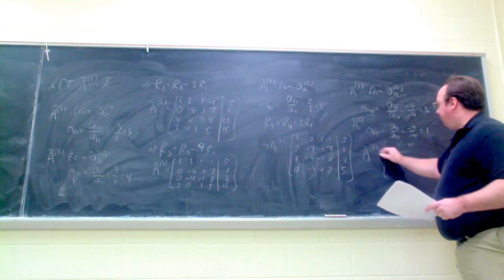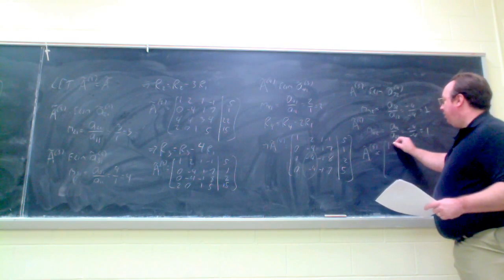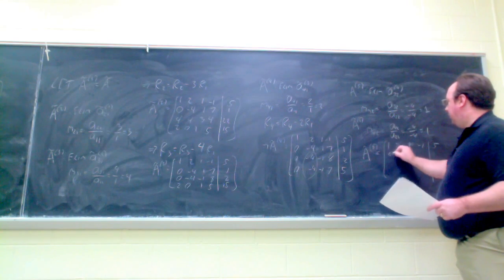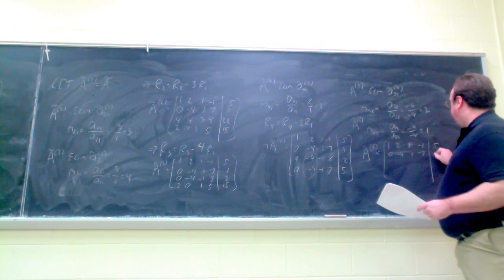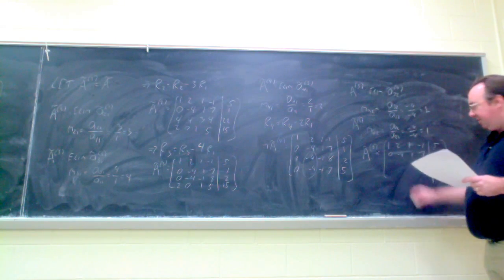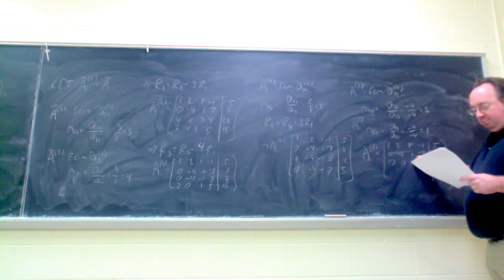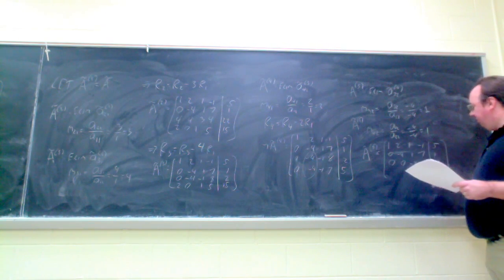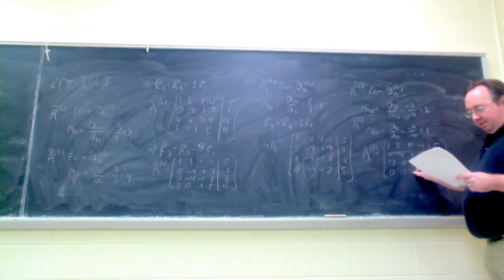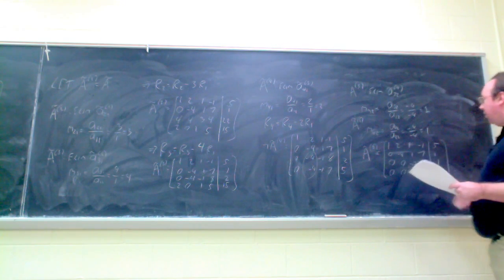And you can also see what happened to the third row. So now we're not changing the second row anymore. Okay, so in the third row, we're going to get 0, 0, minus 2, 1, 1, and then 0, 0, minus 2, 0, and 4.